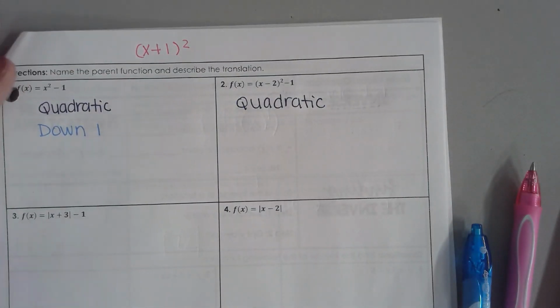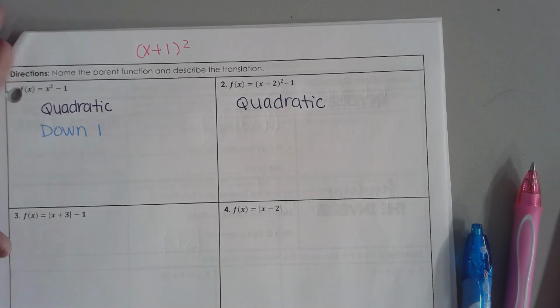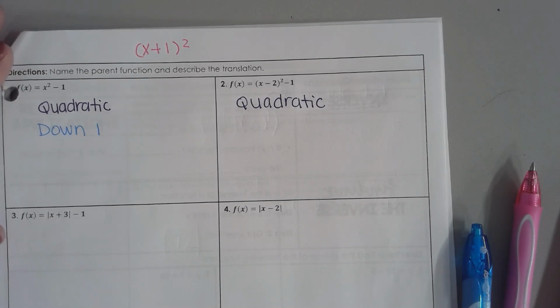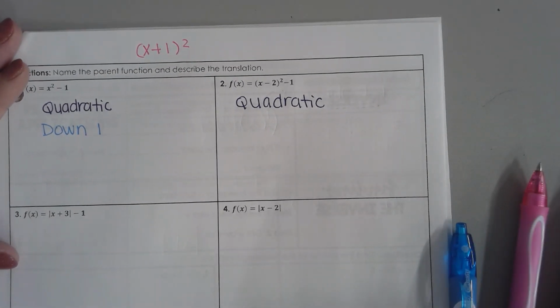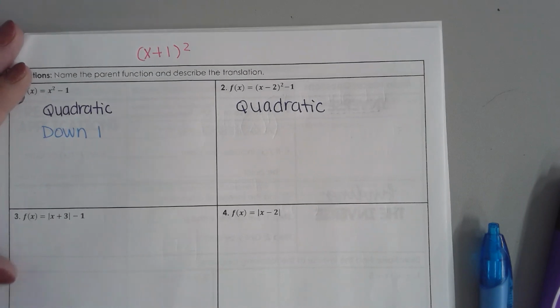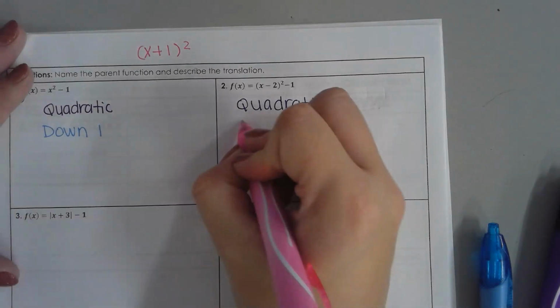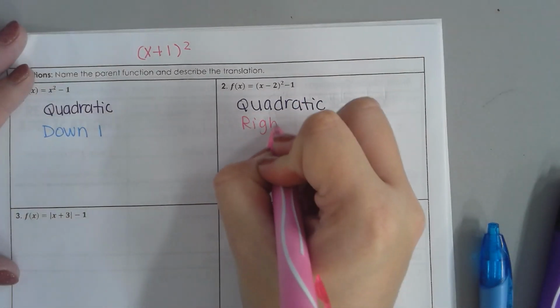Does it have anything added or subtracted inside of the parentheses? Yep. It's got a minus 2. What does subtracting on the inside do? Moves right. Yep. Subtracting on the inside moves right. So it would be right 2.